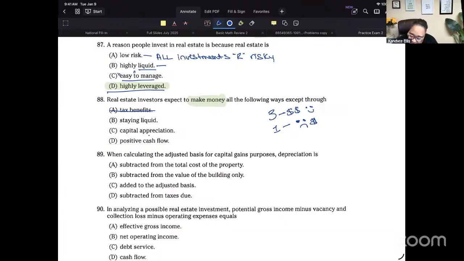C, capital appreciation. If the property is worth more than when I bought it, it was X and now it's worth X plus some extra, then yes, the appreciation means I've made money.